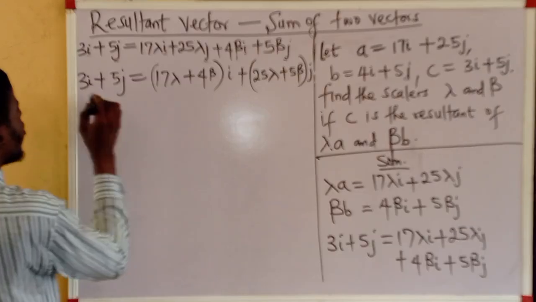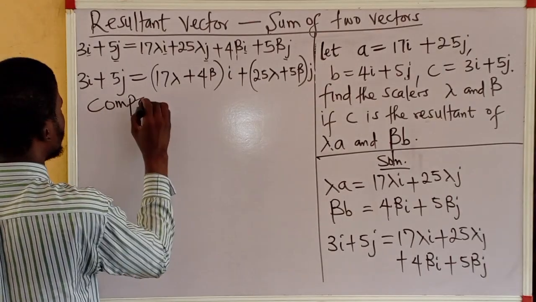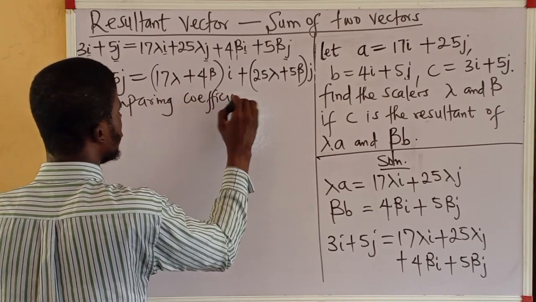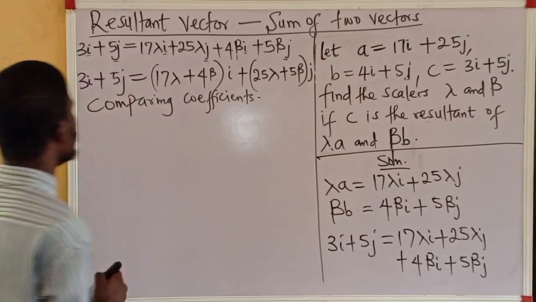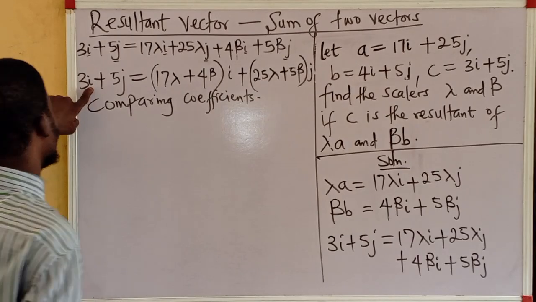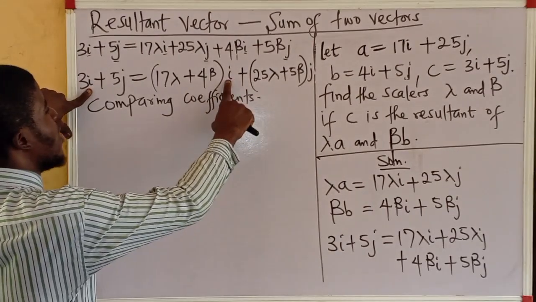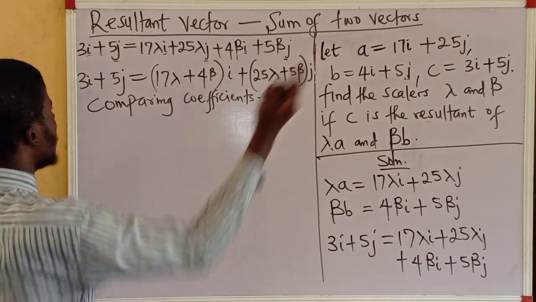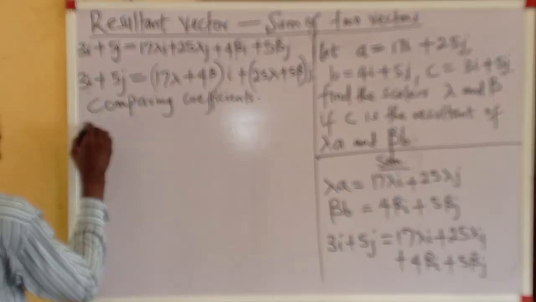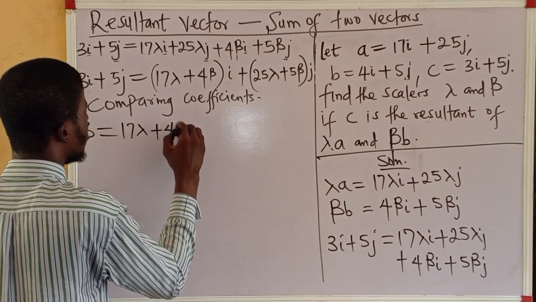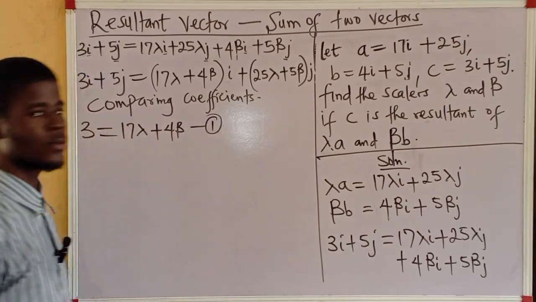I will now do what we call comparing coefficients. Comparing the what? Coefficients. So I have the i terms at the left hand side, and I have the i terms at the right hand side. So their coefficients are the same. 3 is equal to 17 lambda plus 4 beta, equation 1.